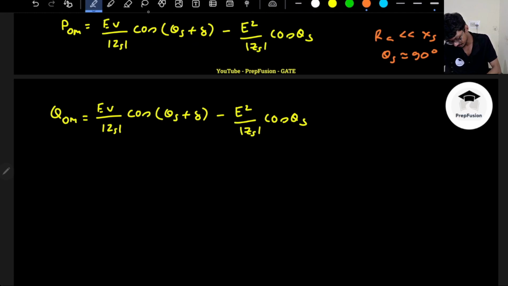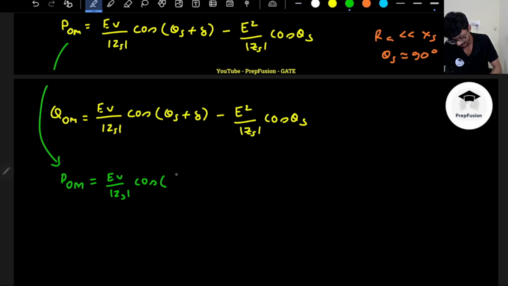This will be replaced with POM, EV by Zs into cos theta s plus 90.